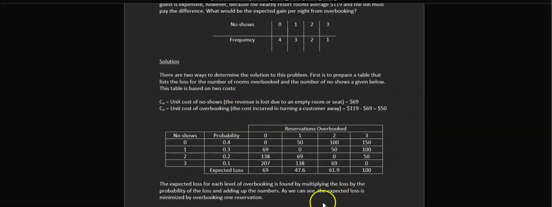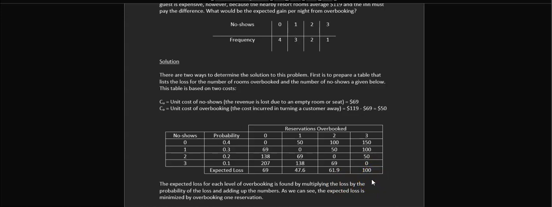Same thing here. You take 50 times 0.4, 0 times 0.3, 69 times 0.2, 138 times 0.1, and you get a net factored loss of $47.60. Then you go over here to the extreme 3, and you multiply times each probability, and you get a net factored probabilistic loss of $100.